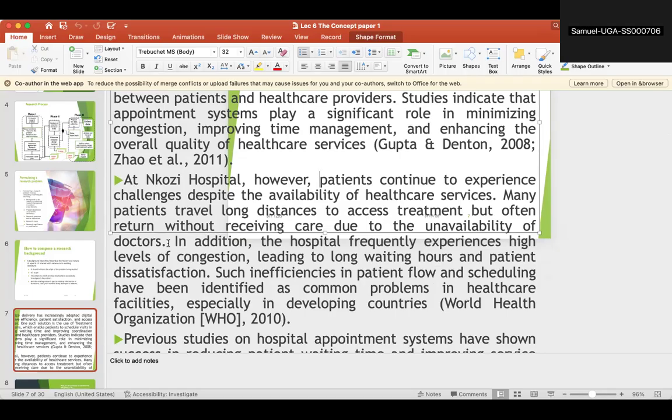So yet we have already seen in our first paragraph that digital solutions always come with such benefits, improving customer satisfaction and so on. So now we are trying to show that these challenges are still going on at our case study. Continue.